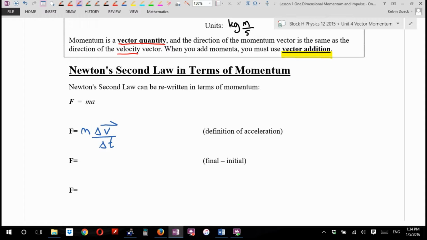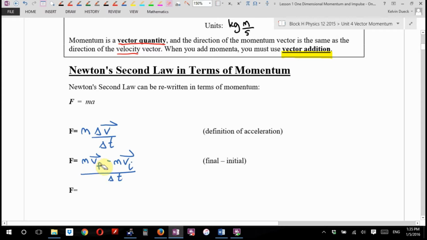By the way, what does the delta stand for? What's change in anything? So this is really mv final minus mv initial, all over delta t. Is that okay? I went final minus initial and I multiplied the m onto both of them.